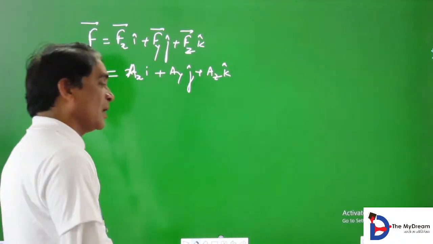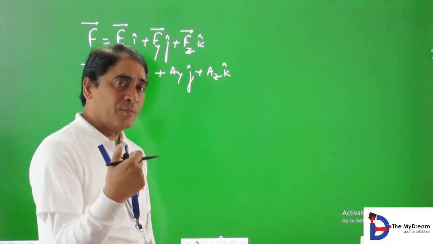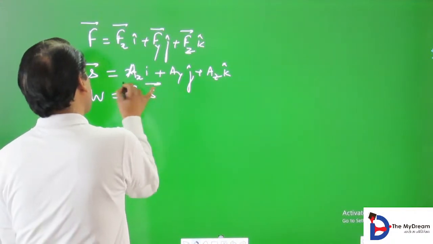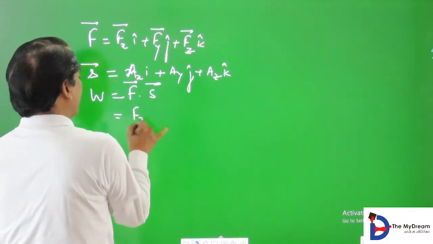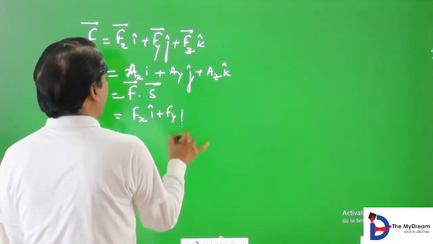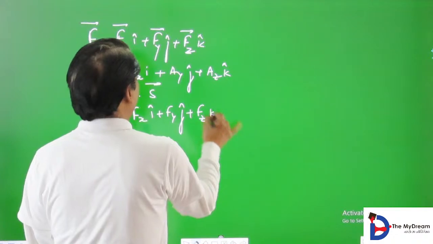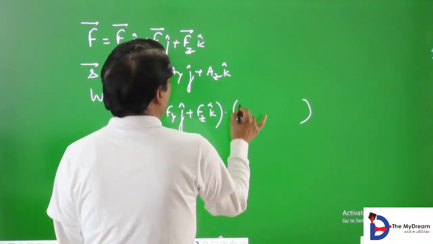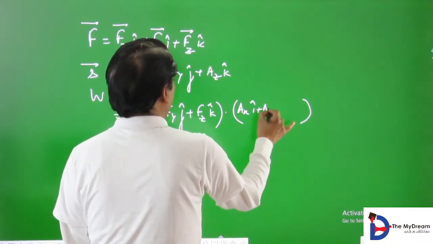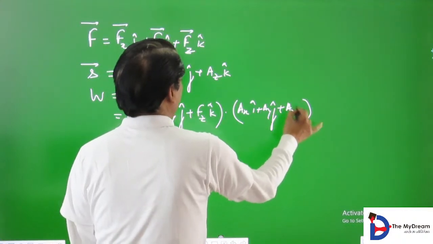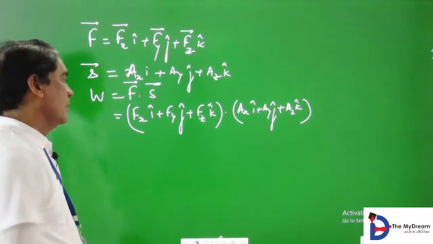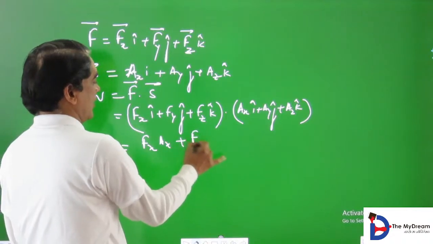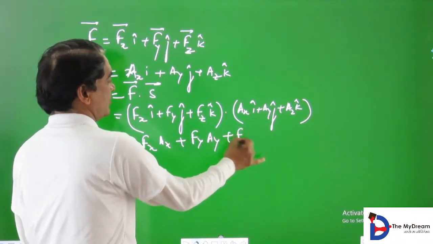Then work is a scalar quantity, follows the dot product, so you can write F dot S. So Fx i plus Fy j plus Fz k having a dot product with Ax i plus Ay j plus Az k gives Fx Ax plus Fy Ay plus Fz Az.